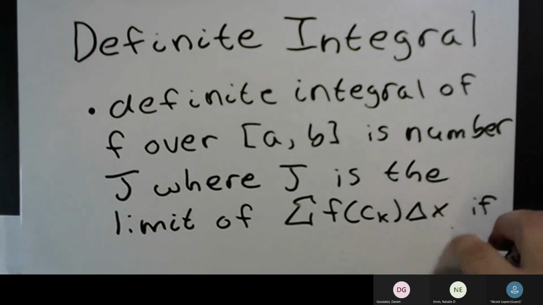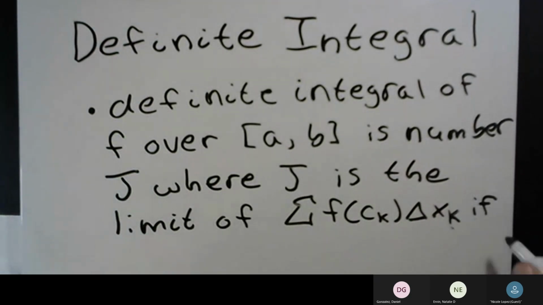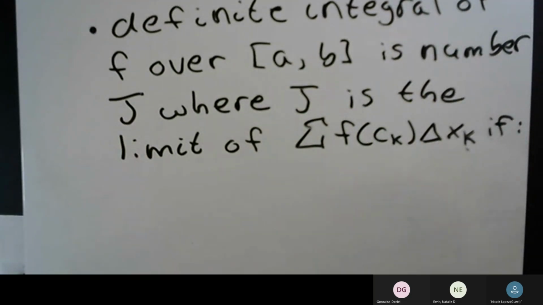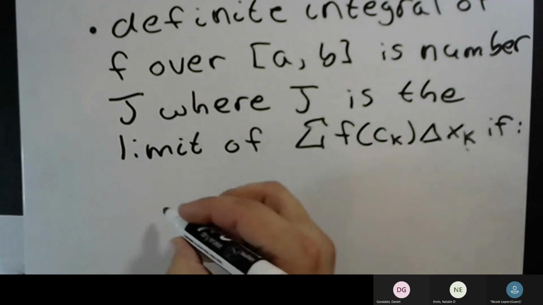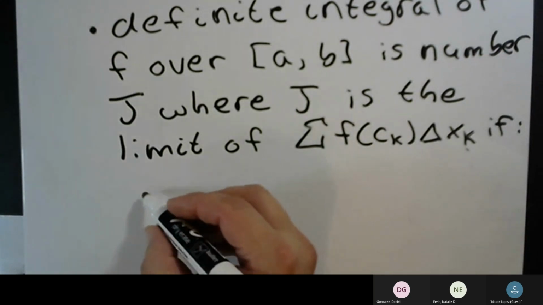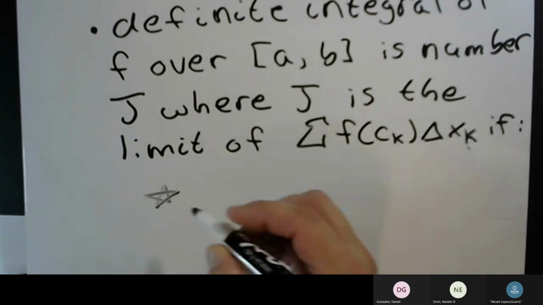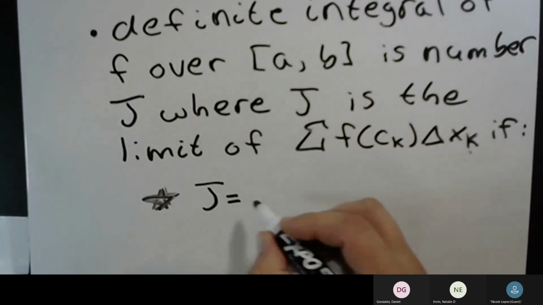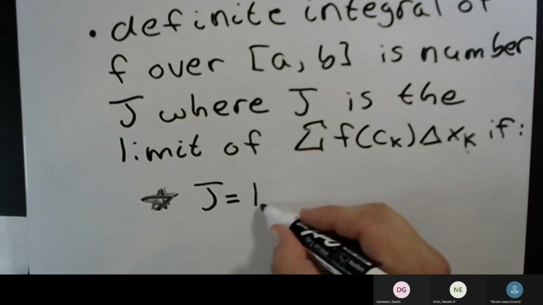And that's a K there. If so, this is the idea. To put this another way, a definite interval is going to be this.